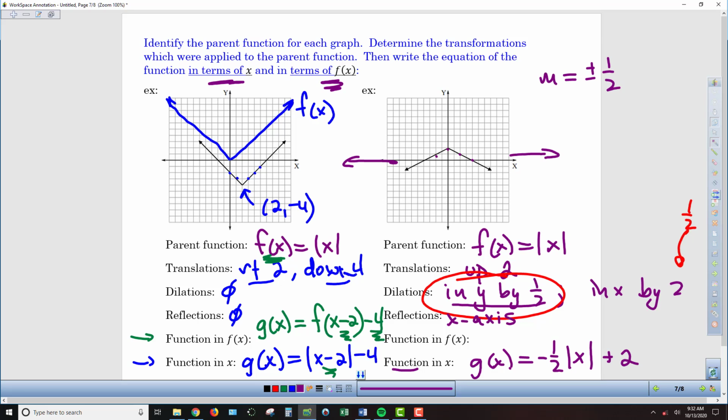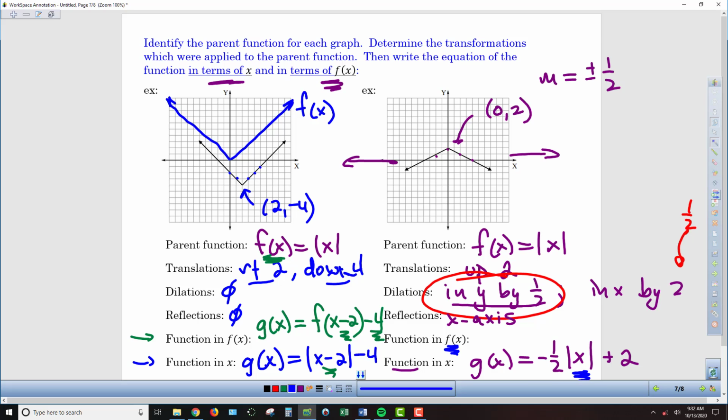So if I have any doubts as to whether that's correct, I can test a point. So right here, our vertex is at 0, 2. If I plug in 0 for x, I indeed get 2 as a y value as an output. So I feel pretty confident that that equation is correct. And then the last thing I need to do is to write my function in terms of f of x.